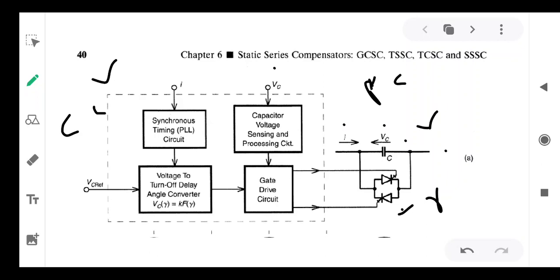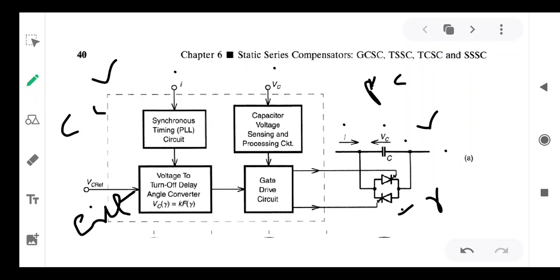So this is the VC, voltage across the capacitance. This is the current through the transmission line. This VC reference is obtained from the external control circuit.